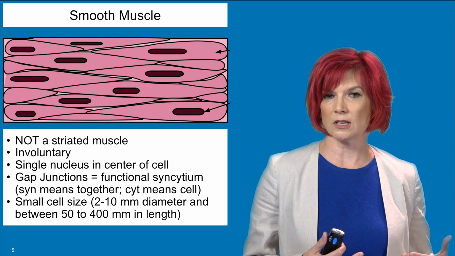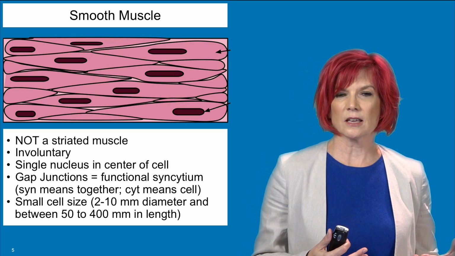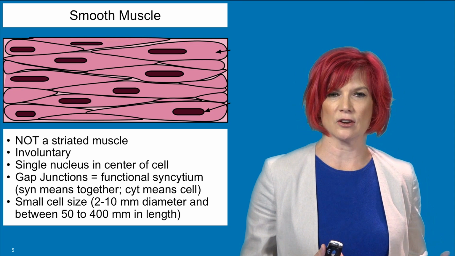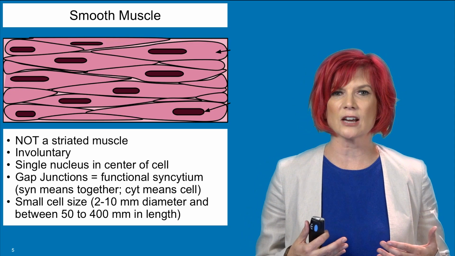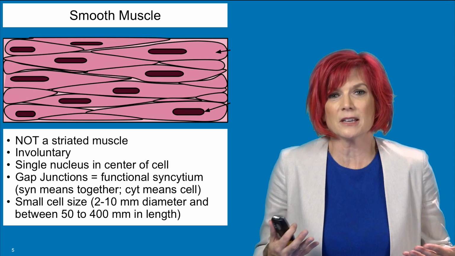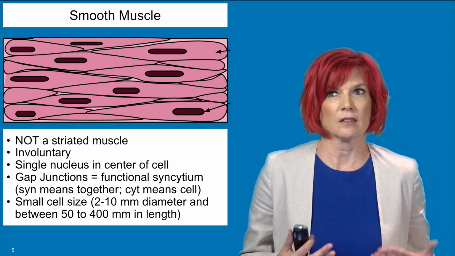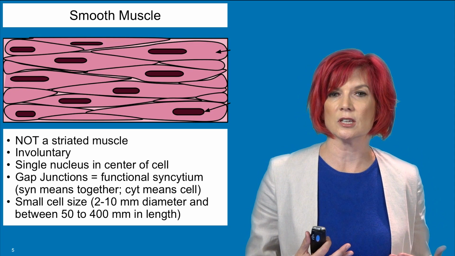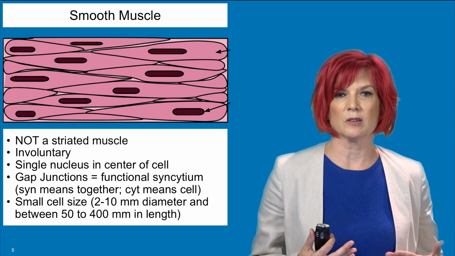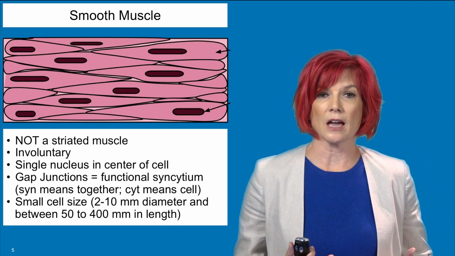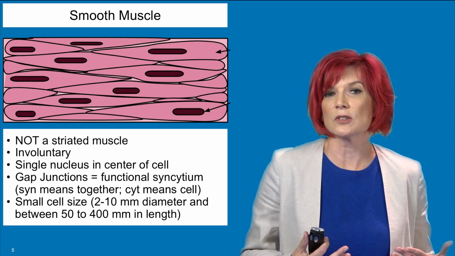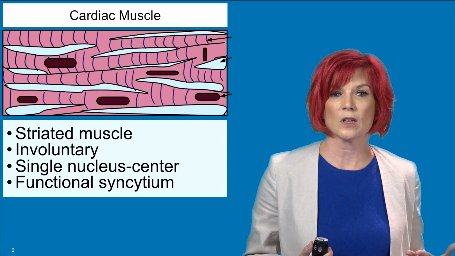What's also distinct about smooth muscles is that they're much more irregular in patterning. The nucleus, as you can see in this diagram, is actually located in the center of the cell, like it is for a lot of different cells. That's not the case for skeletal muscles, you'll see in a moment. So smooth muscle can be found in many different organs, including blood vessels and the intestine. So smooth muscle really is everywhere.